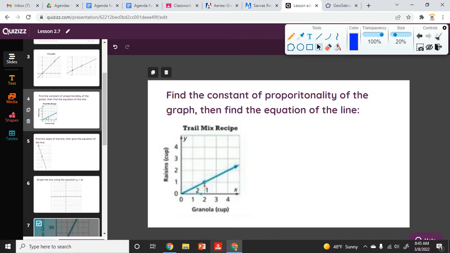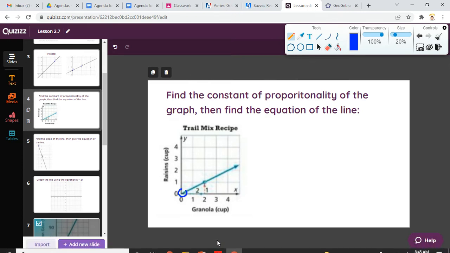We want to find the constant of proportionality of the graph and then find the equation of a line. Okay, so let's look here. Is this graph proportional? Well, it's a straight line and it's going through the origin, so yes, indeed, this graph is proportional. So that means we need to find my constant of proportionality, which is k, or this is the same thing as slope, so my k is equal to my m.